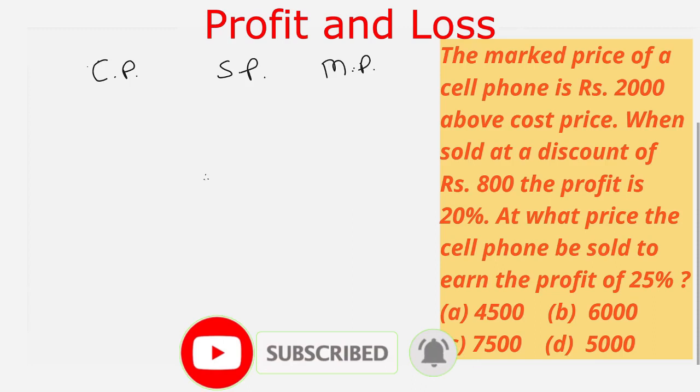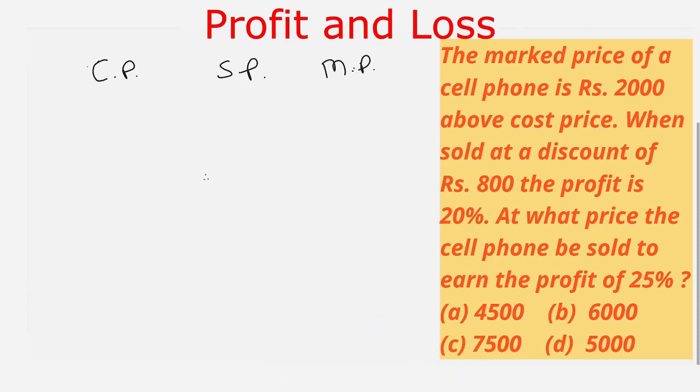We make 3 columns: cost price CP, selling price SP, and marked price MP. The marked price is 2000 above cost price, so this is 2000, and the selling price is at a discount of 800.